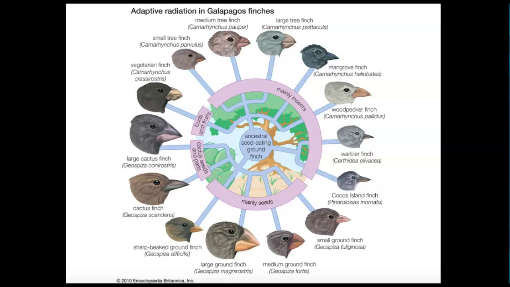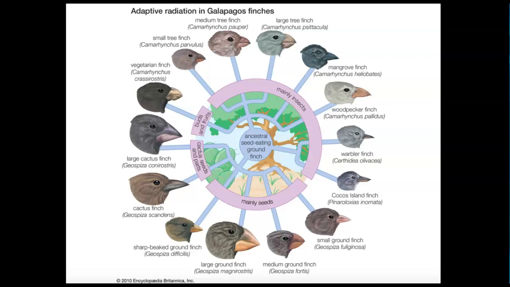They have different trees and fruits and different things for the birds to eat. And over time, all of these finches evolved from their common ancestor, but they have adapted to the specific environments on which they live on these individual islands.